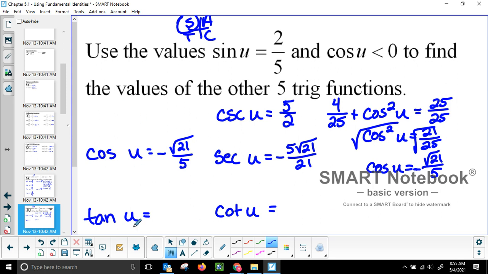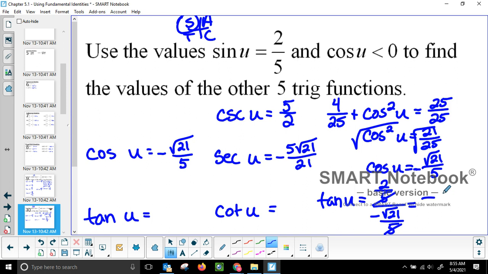When you have sine and cosine, it's easy enough to find tangent. Tangent of u is equal to sine, which is 2/5, divided by cosine, which is negative root 21 over 5. These 5's will cancel, and we would have to rationalize this.